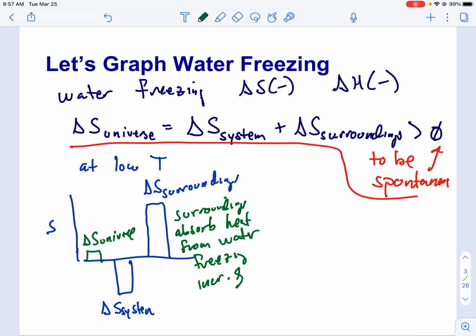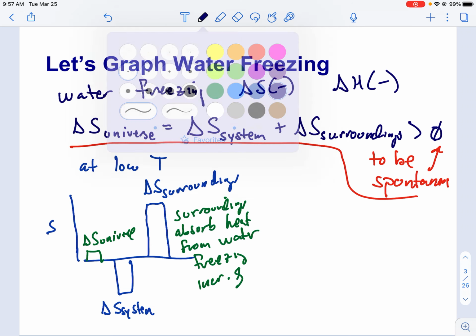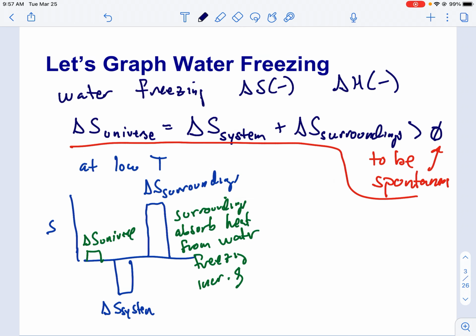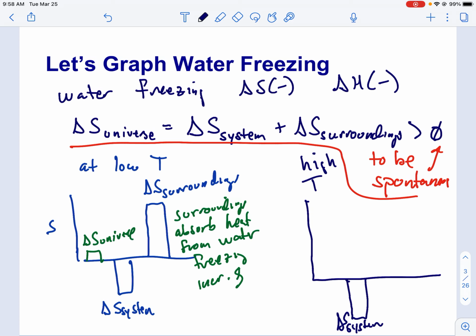If you were to compare this to what happens as you go to higher temperatures, it's not spontaneous, right? So we still have our delta S of the system. That's the same. But our delta S of the surroundings is smaller, because at higher temperature there's already a higher entropy.